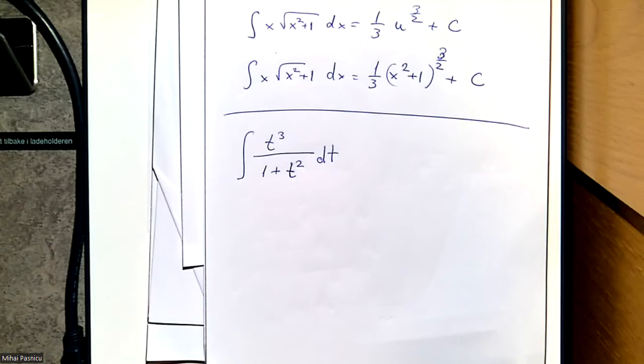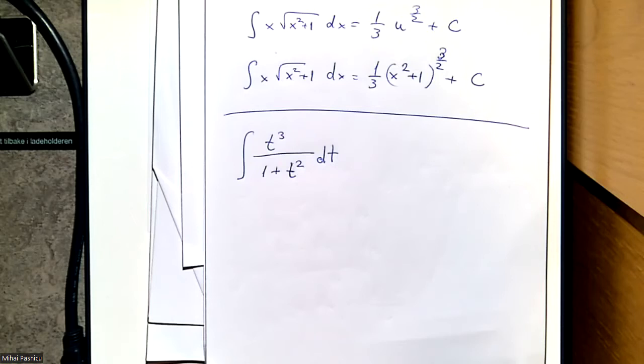Now, in this case, this one looks pretty bad. I guess I could do some log stuff and play with the fractions, but that would require a lot of ingenuity to make sense to solve it.